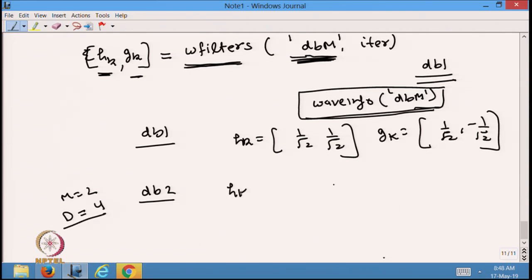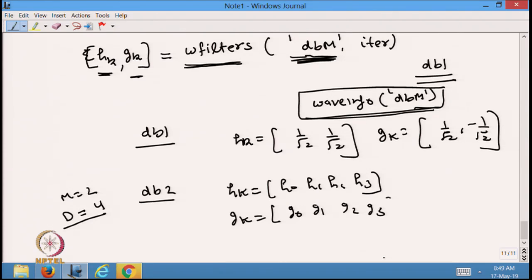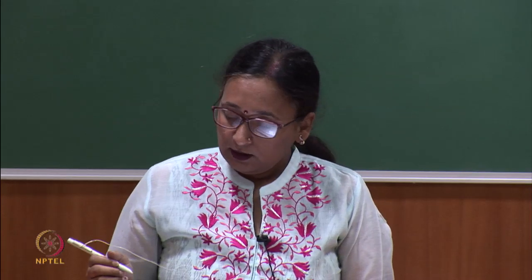So you will have here h0, h1, h2, h3. gk will also be g0, g1, g2, g3, and the values of these hk's and gk's you could compute from the inbuilt MATLAB function wfilters. Okay. So by this time all of us should feel very comfortable with how to compute these filter coefficients.